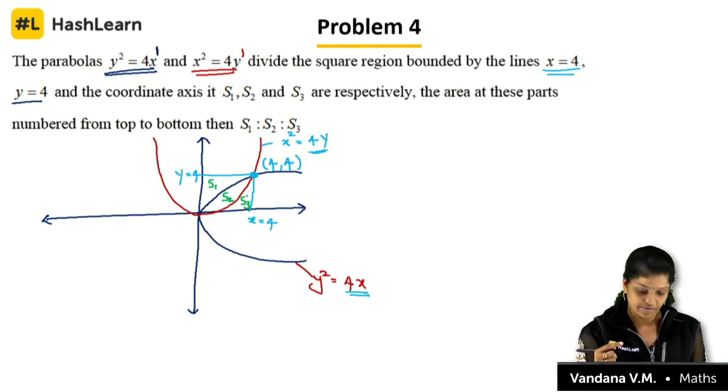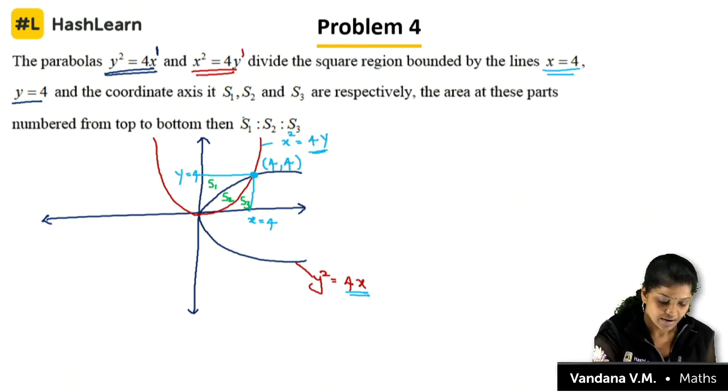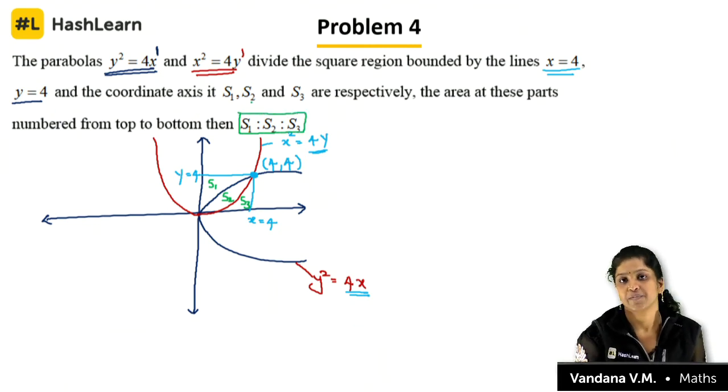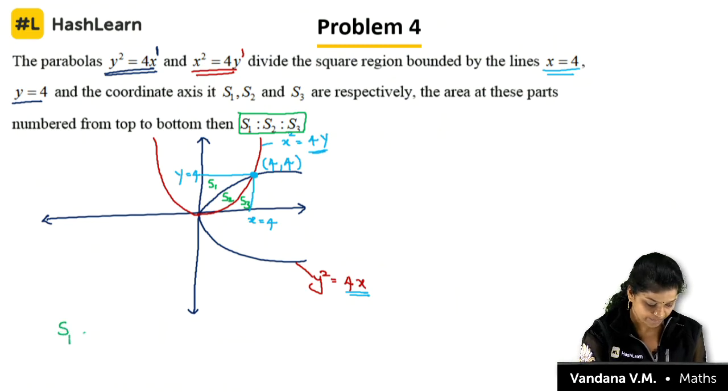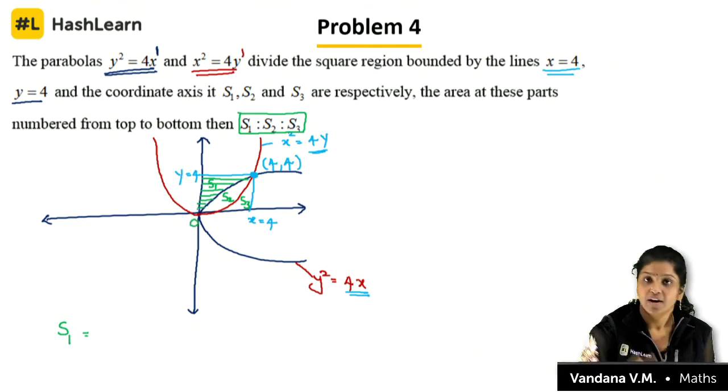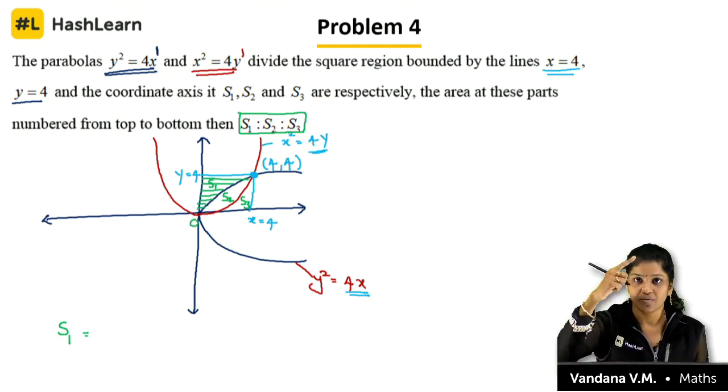Like that we have to name, and I have to find out S1, S2, S3. Clear? So let me find out first S1. From where to where? So S1 is here, right? This is S1.